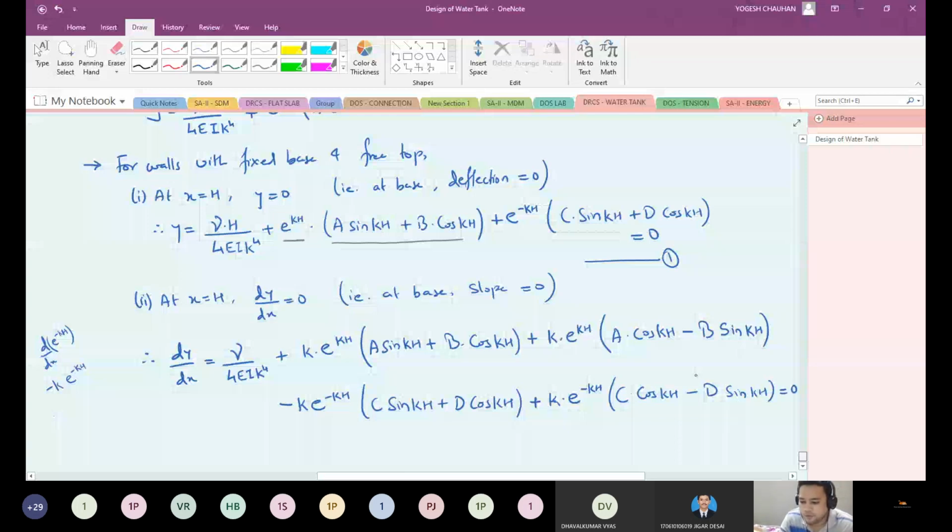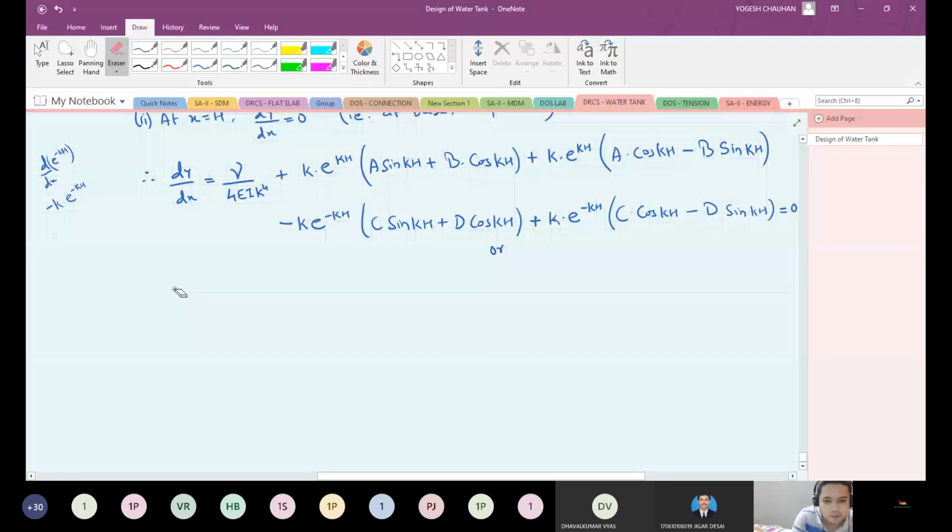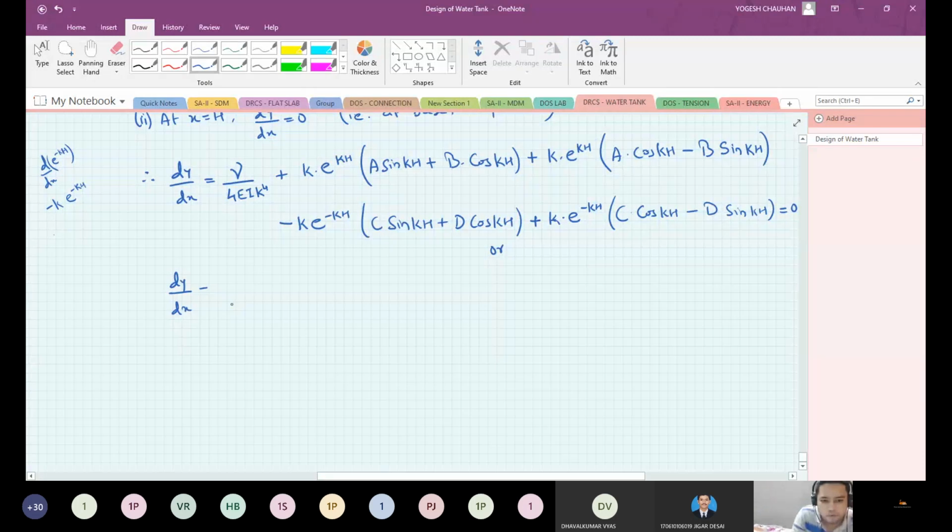On simplifying, you can write this as dy by dx equals gamma by 4 EI k to the power 4 plus, now this and this are common, so we can write k times e raised to the power kh into the bracket (a minus b) sin kh plus (a plus b) cos kh.